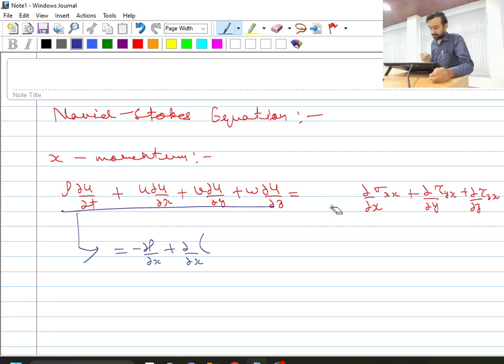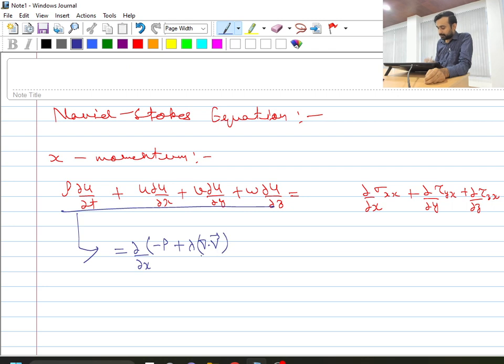Yes, this will also come later. So what was the value of sigma xx? Minus p, divergence of v, plus 2 mu du by dx. So that is the value of sigma xx.